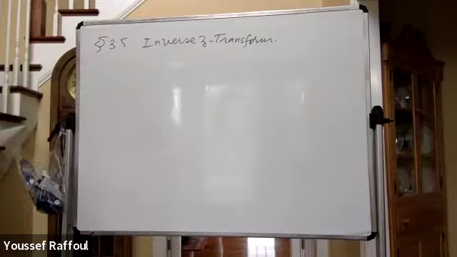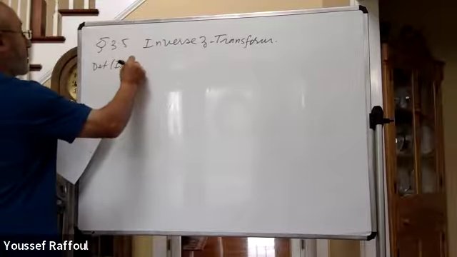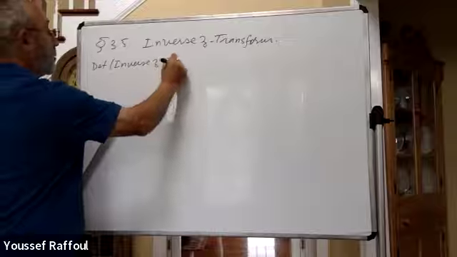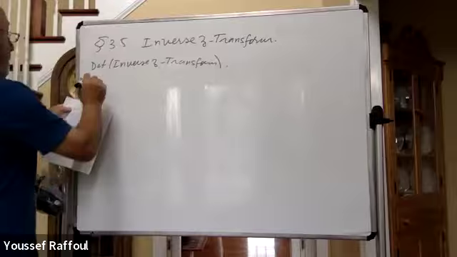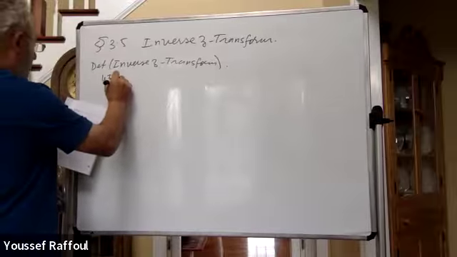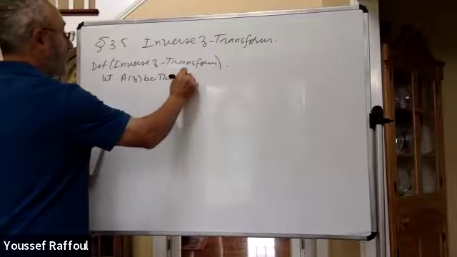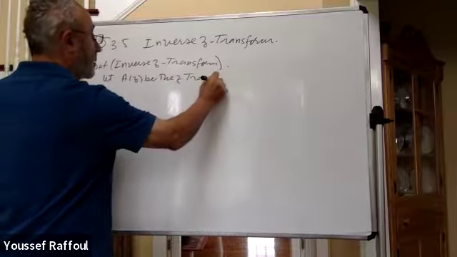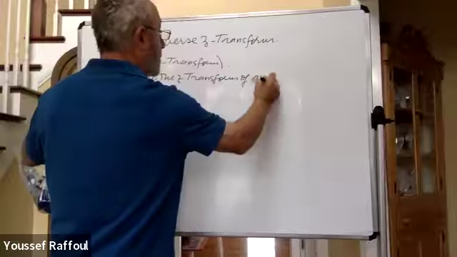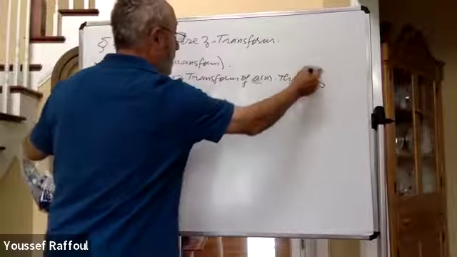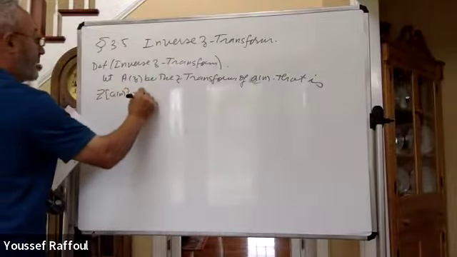Well, definition: the inverse Z transform. Let A(z) be the Z transform of a_n. That is, Z of a_n equals A(z).